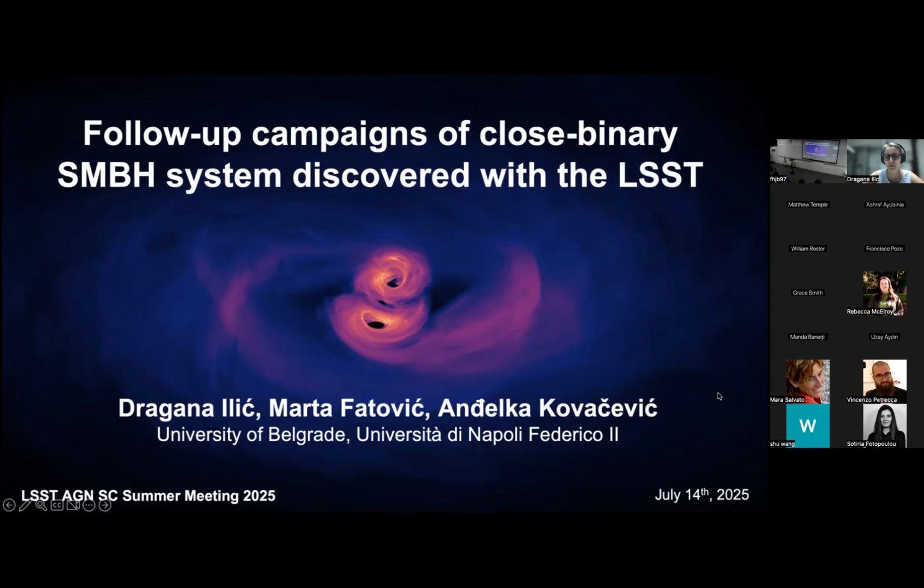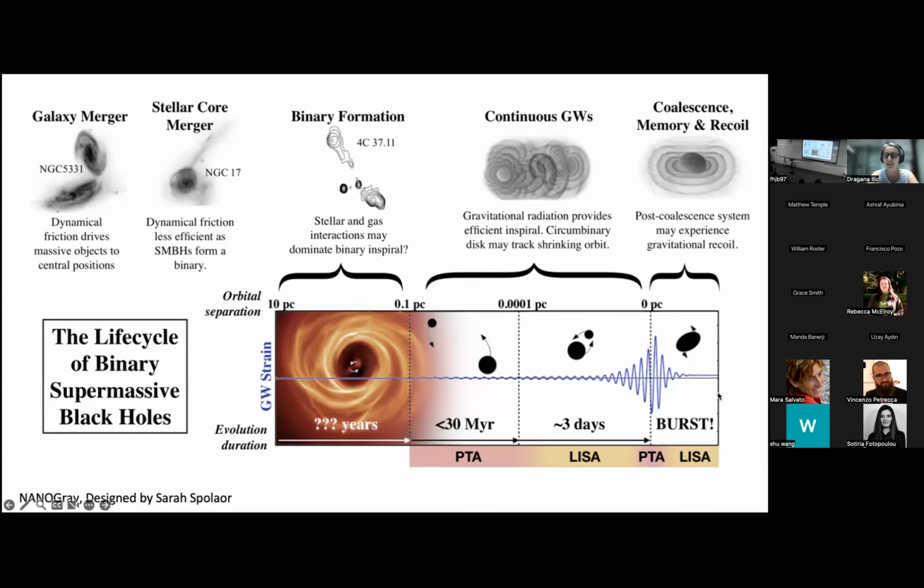The previous speaker was mentioning dual AGNs, and we all know, and I don't have to convince you, that galaxies grow through mergers, and that as a final stage of the merger, we should have a binary supermassive black hole, and at the last stage, closer binary supermassive black holes.